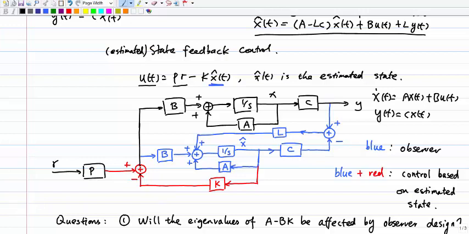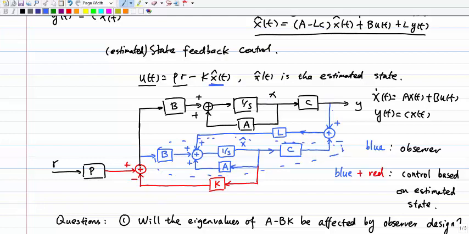Of course, the black one also has a reference signal. The blue part represents the observer. We copy everything we have, and this portion is the same as the black one.